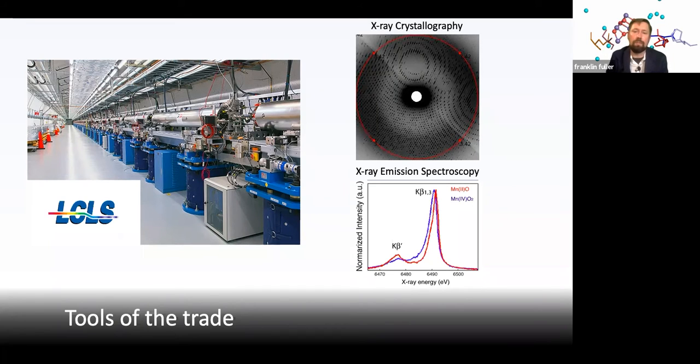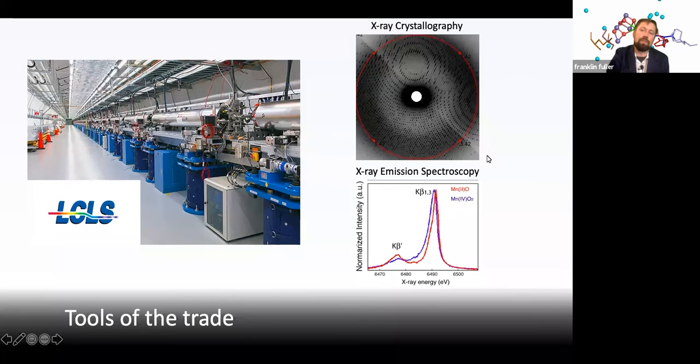To do that, we're going to use 2 different techniques, one called X-ray crystallography and one called X-ray emission spectroscopy. We've done these 2 techniques here at SLAC mainly using a unique X-ray tool called the Linac Coherent Light Source, which is an X-ray free electron laser. I'll explain that a little bit more in detail in a few slides.